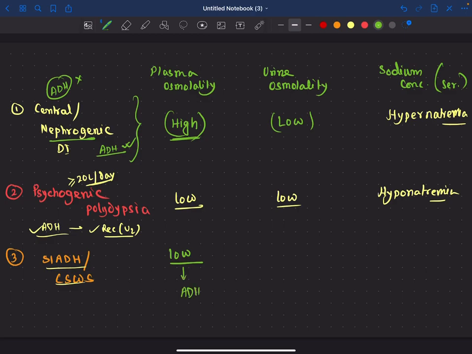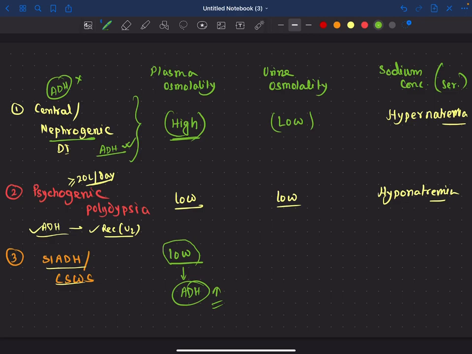ADH function is antidiuresis, meaning it will reabsorb the water, but in spite of having a low plasma osmolality, still the ADH is secreting.